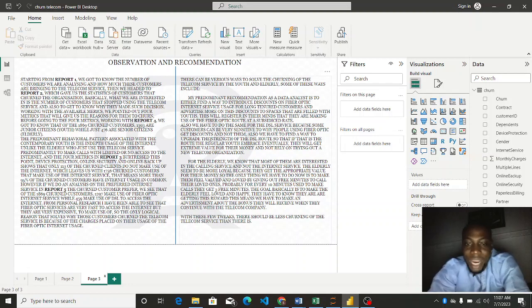Probably for every 10 minutes they make a call, they get 3 extra free minutes. It's basically a way of discounts too, to make them feel they get rewarded for every call they make. So all these ways will drastically reduce the rate at which people churn the organization.